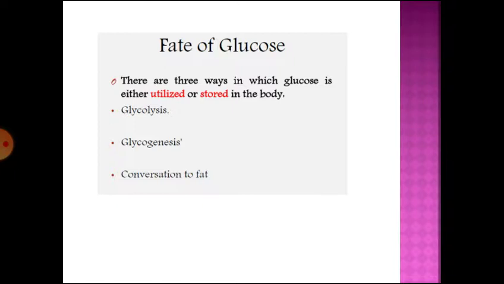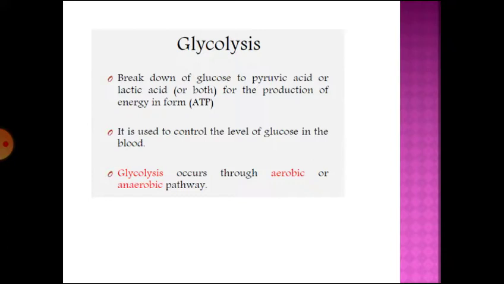This is the main three ways in which glucose is utilized: by glycolysis, meaning breakdown of glucose to give ATP, or stored as glycogen by the process known as glycogenesis, and also the excess glucose can be converted to fat in the body. Glycolysis is the breakdown of glucose to pyruvate or pyruvic acid or lactic acid or both, for the production of energy in the form of ATP.